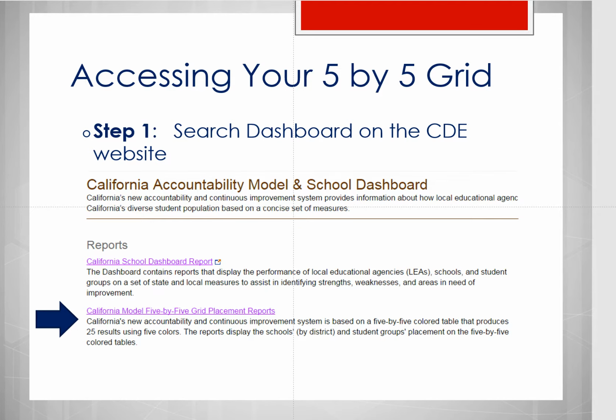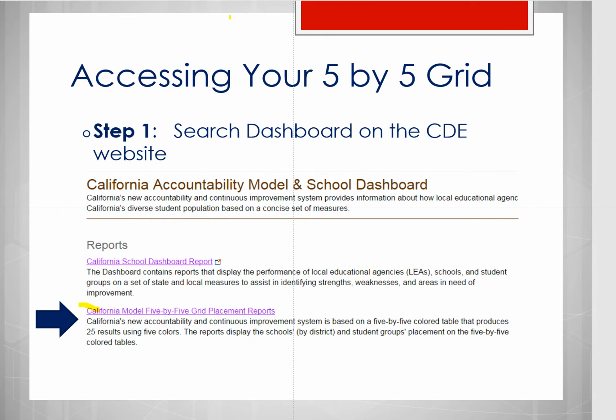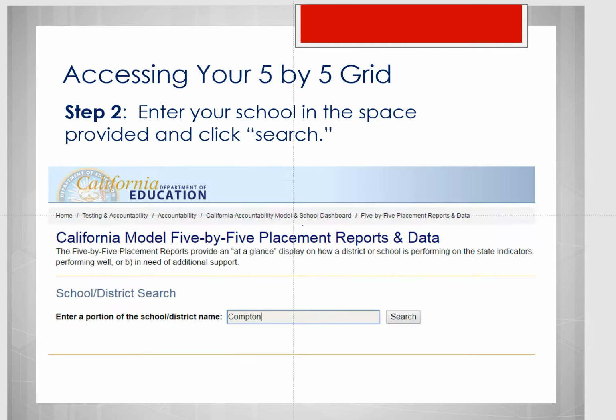To access your 5x5 grids, you're going to do something similar to what you did on the dashboards, but in this case you're going to click on California Model 5x5 grids, and then from there you'll again search for the particular LEA or entity you're looking for. It could be a school site.